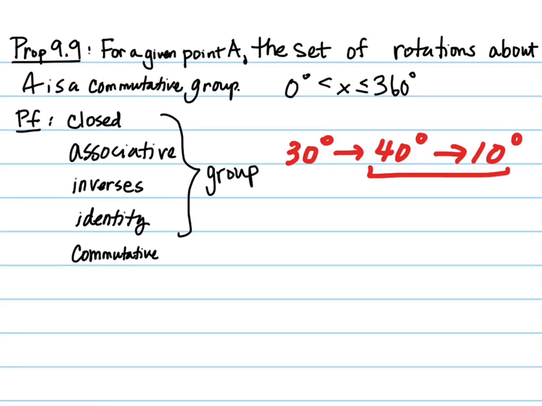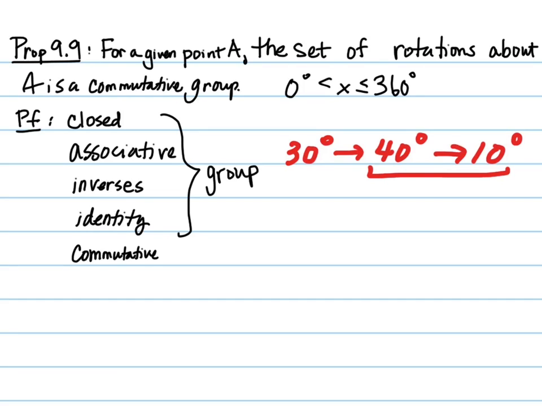The reason it is the inverse is because the identity would actually be a 360-degree rotation. So your 260 that you mentioned and my 100 that I started with add up to 360, which is the identity.